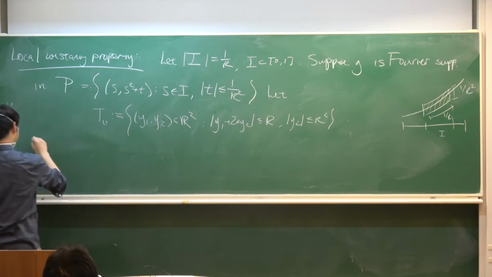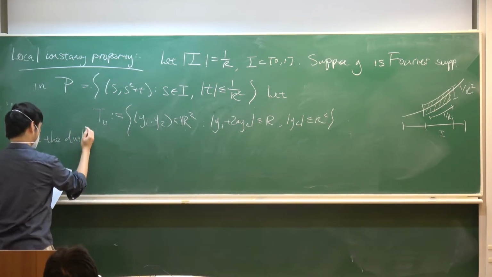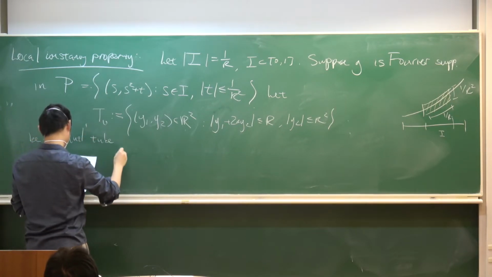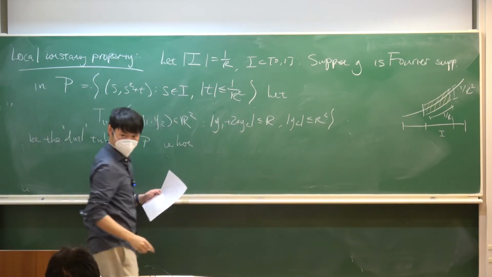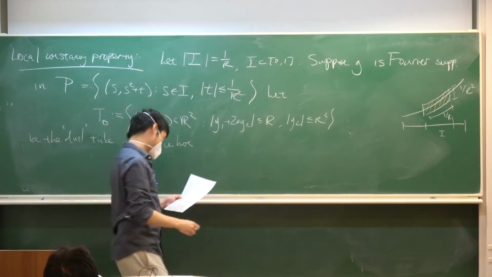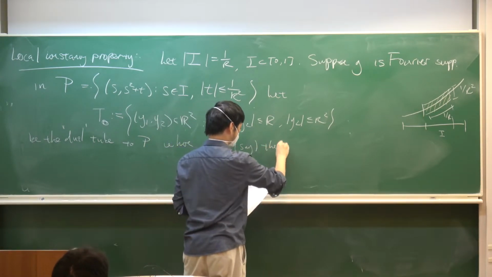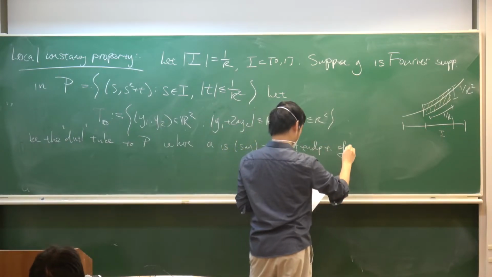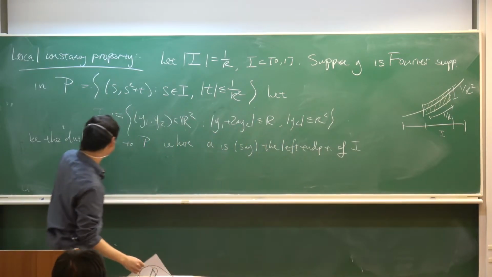Okay, let T naught be the dual tube to P, where A is, say, the left endpoint of I. So here's this rectangle.